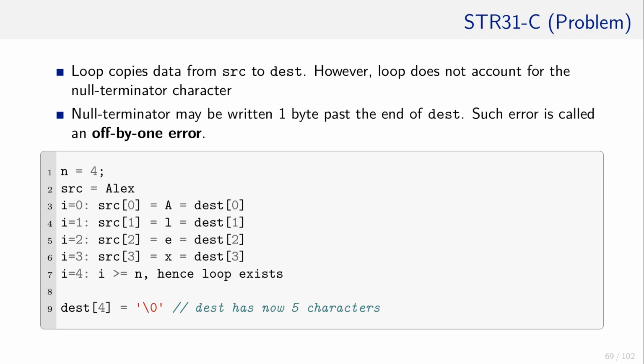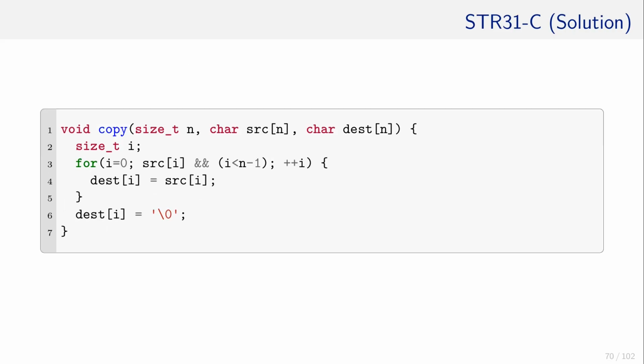However, despite the fact that n is set to 4, an additional element is written to the destination which makes its length larger than n, namely 5. Therefore, it is required to remove one iteration from the loop and just let it run till i is less than n-1. This error is also called off by 1 error, and it happens quite regularly.